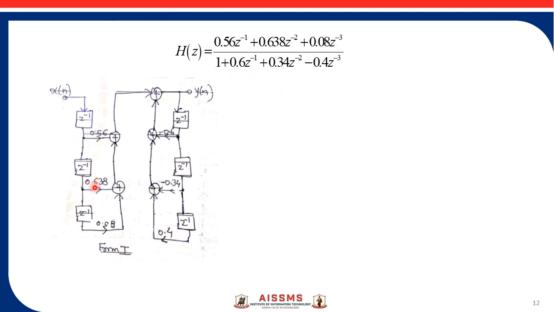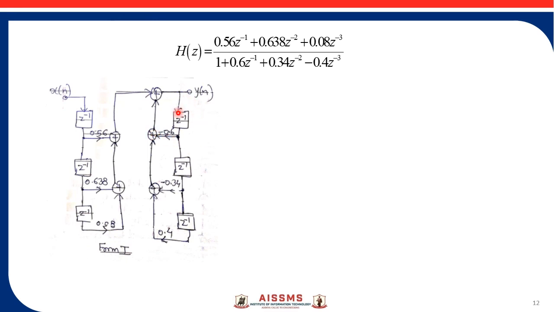All these are feed forward paths. Now the poles are in the feedback paths. How many delay components are required when realizing the poles? Again 3. So the y of n output passes through the first delay component and you get y of n minus 1. While drawing the block diagram, you are supposed to draw the negative of the multipliers of the poles in the denominator. In the denominator there is 0.6, hence the negative of 0.6 is minus 0.6.